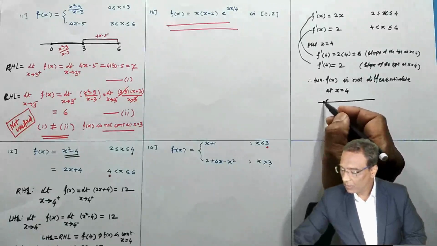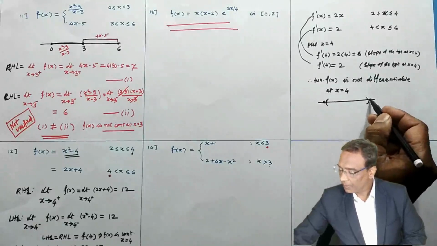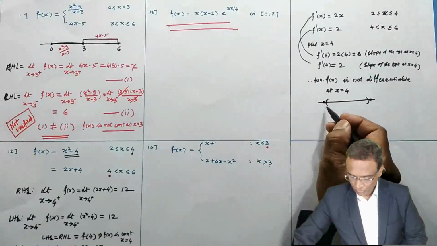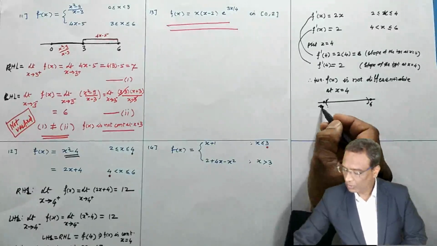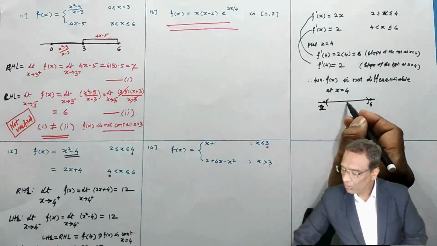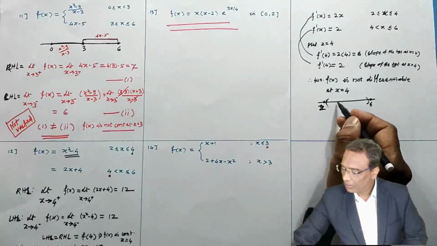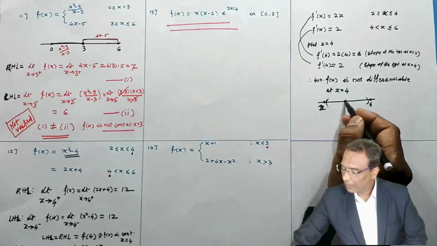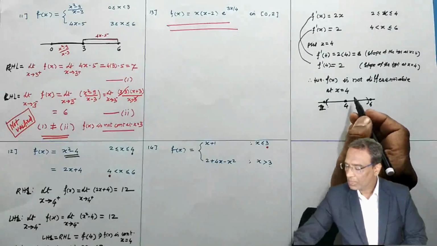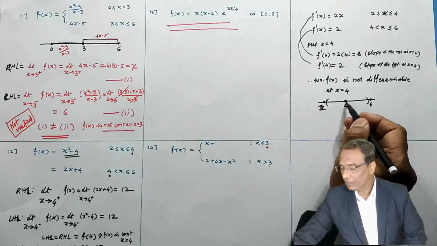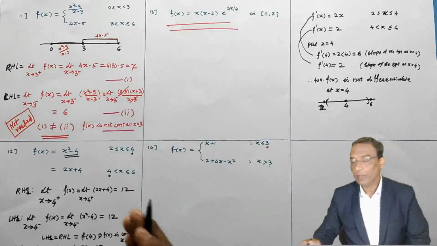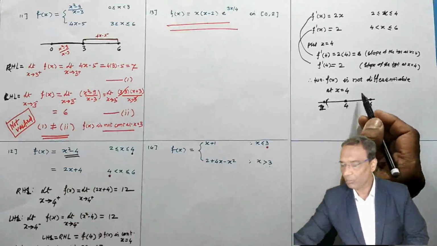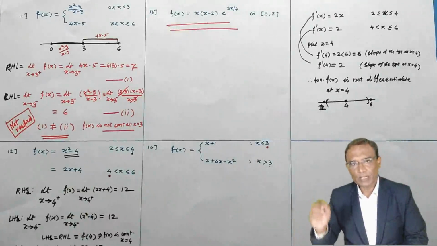This is the open interval 2 to 6, and 4 is somewhere here. The function is not differentiable at x equal to 4. Therefore, it will not be differentiable throughout the open interval, because we want differentiability at each and every point.